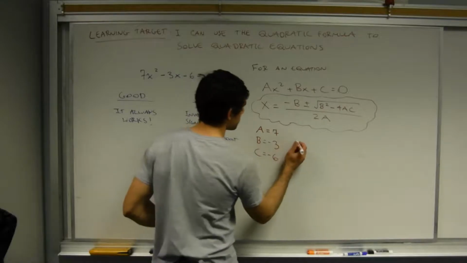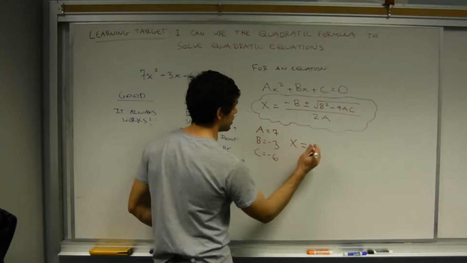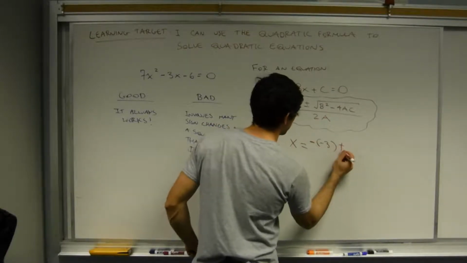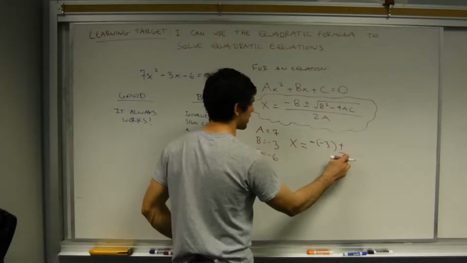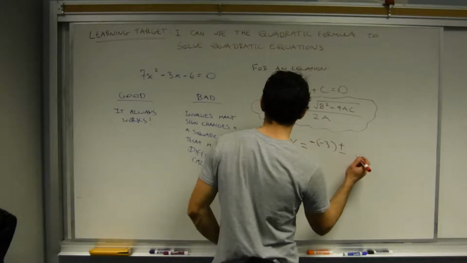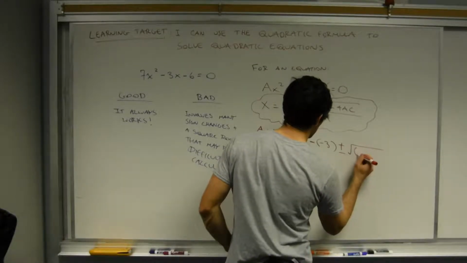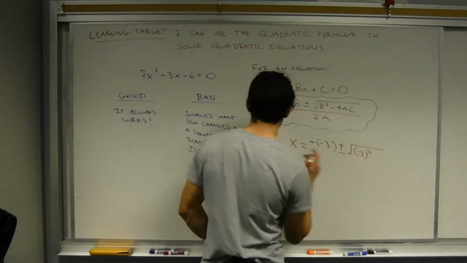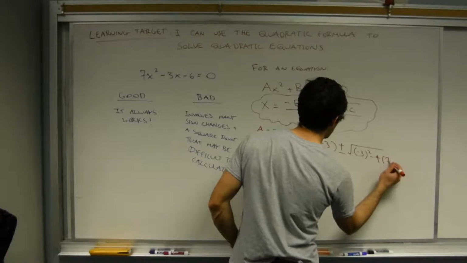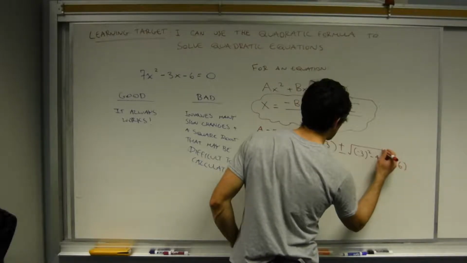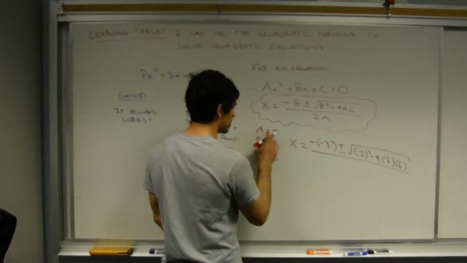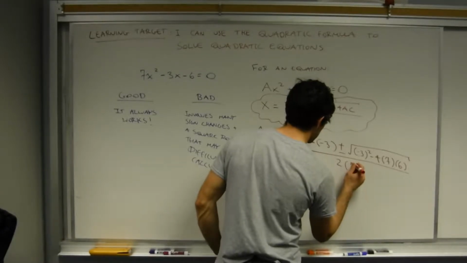So x is equal to negative b, that's a negative 3, plus or minus, this is to represent the positive and the negative case, as you know we have with quadratic equations, the square root of negative 3 squared minus 4 times 7 times 6, and that is all divided by 2a, so 2 times 7.